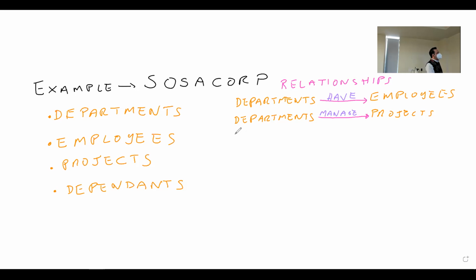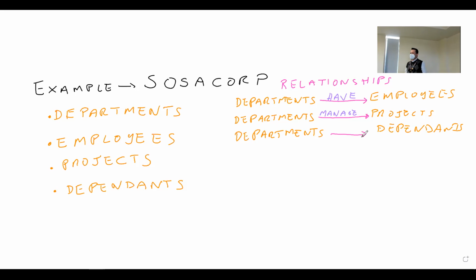I'm going to go over here now. Departments. Notice that I'm being systematic. I took the first one and then I'm going through each of the other ones. Now I'm gonna say departments and dependents. I'm gonna make the direct question here. Does that relationship make sense?